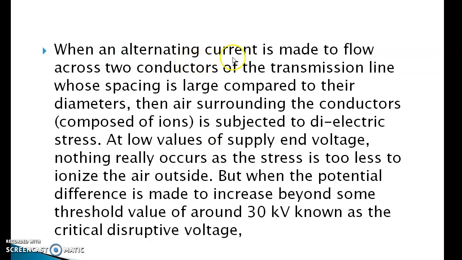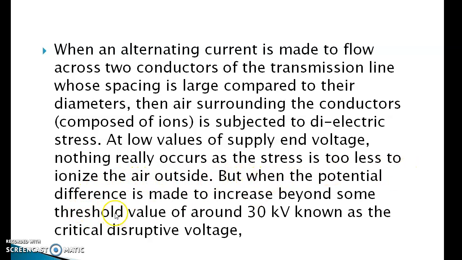When an alternating current is made to flow across two conductors of a transmission line whose spacing is large compared to their diameters, then the air surrounding the conductors is subjected to dielectric stress. At low values of supply voltage, nothing really occurs as the stress is too little to ionize the air outside.